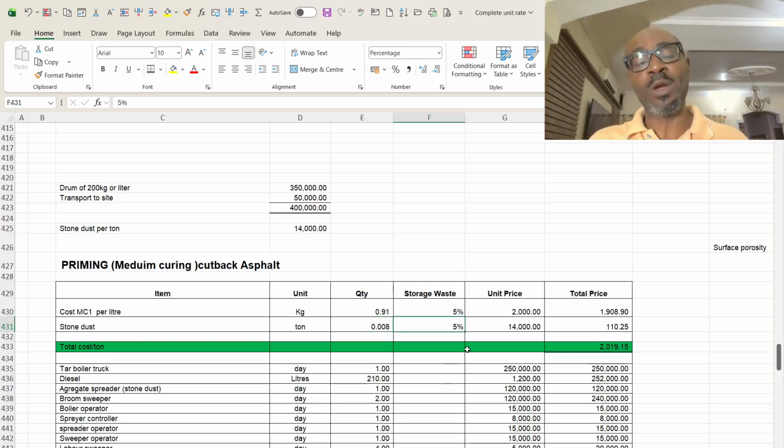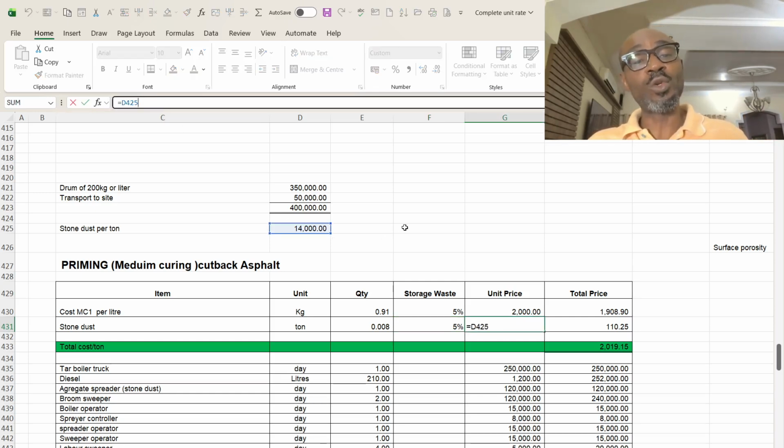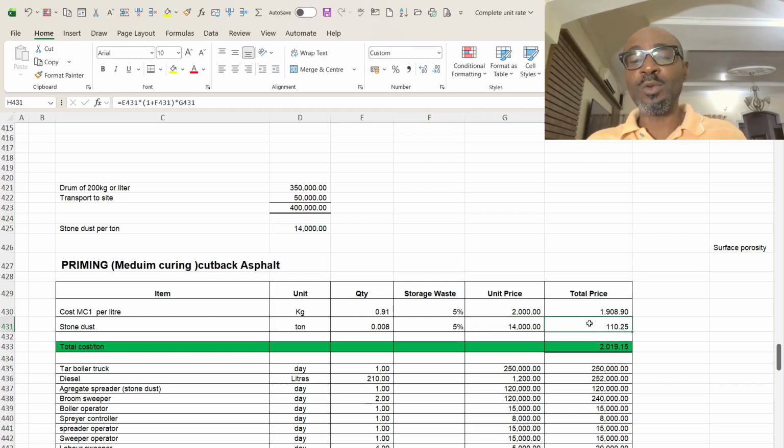Then I considered as well a 5% waste, and the cost for my stone dust is 14,000 per ton. So the total cost per square meter, for the 0.08 ton that we used to spread over 1 square meter, is 110 naira 25 kobo.